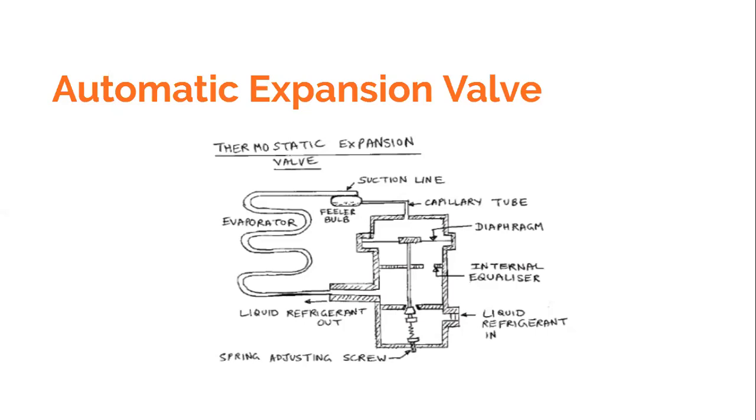It meters the refrigerant according to the load, unlike the other two valves. And second, it drops the pressure from the condenser pressure to the lower evaporator pressure, intelligently. That is why this thermostatic expansion valve is widely used.